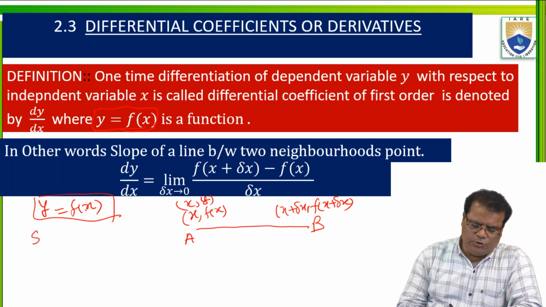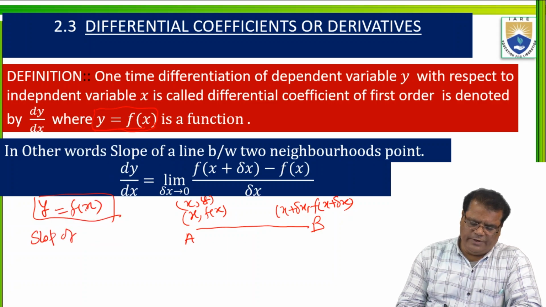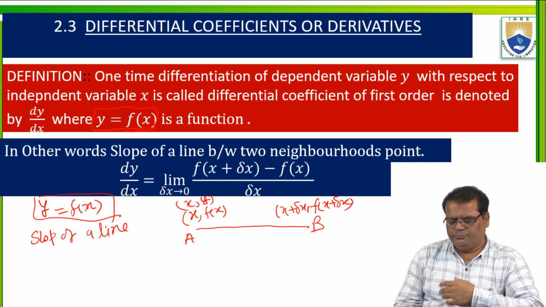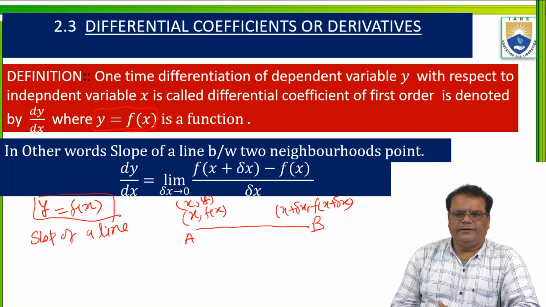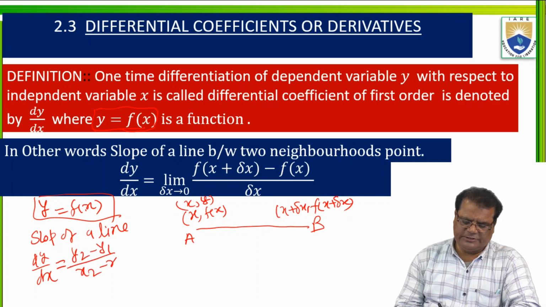Here we discuss the slope of a line. What is the slope of a line? It means the change in displacement between A and B. The formula is dy over dx, that is, y2 minus y1 upon x2 minus x1.